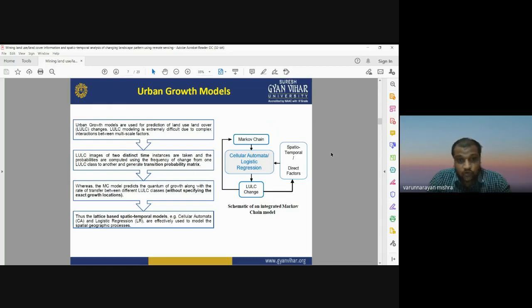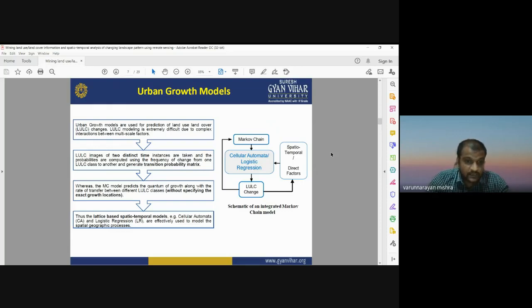It predicts the quantum of the growth along with the rate of transfer. Markov chain model provides us the quantitative information about the LULC changes. Whatever probabilities of the change of one LULC class to another LULC class we calculate will be quantified using the Markov chain model. The Markov chain model just provides us the quantitative information of that LULC transition over the period of time.